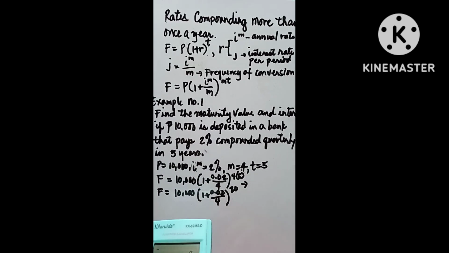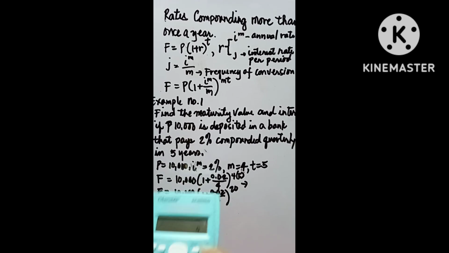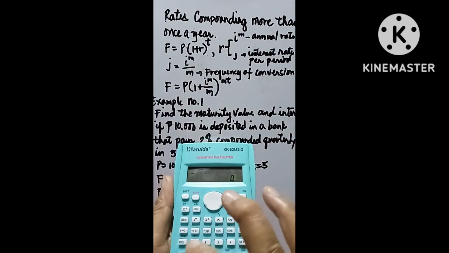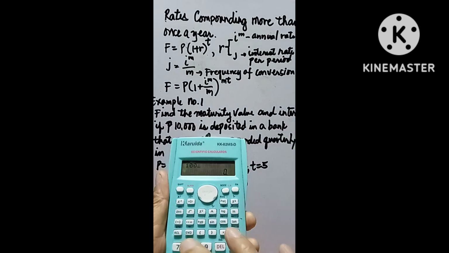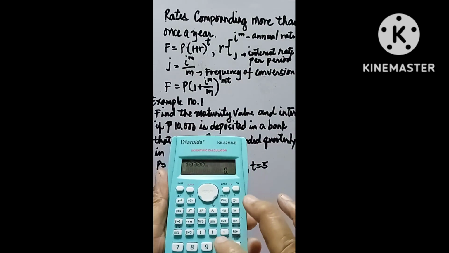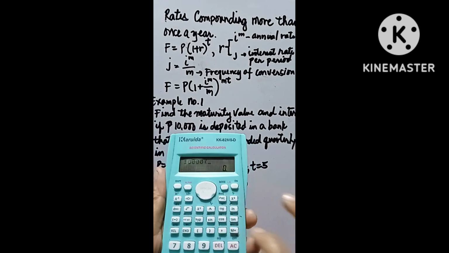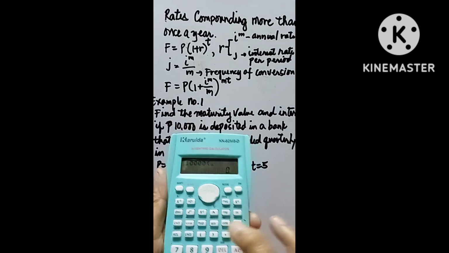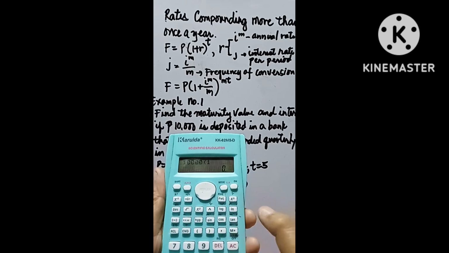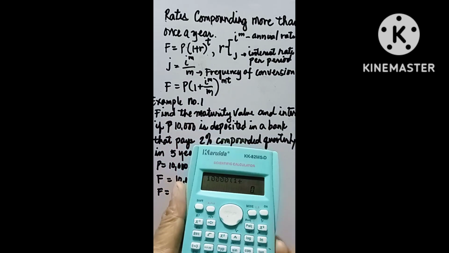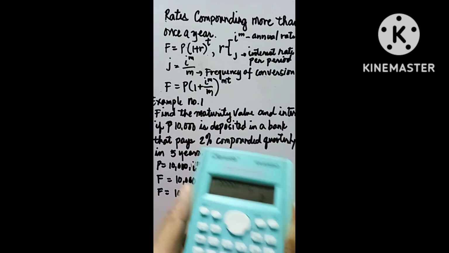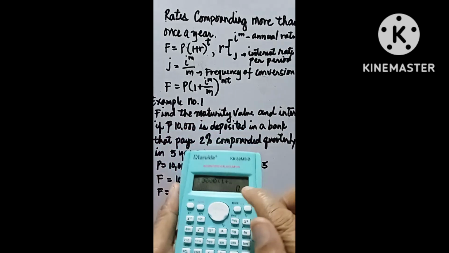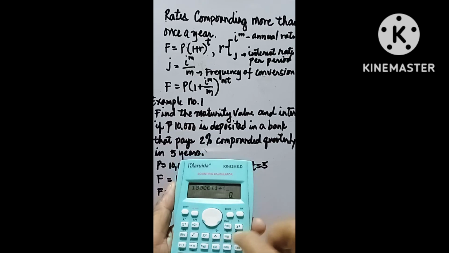So input 10,000, open parentheses, 1 plus, since it is 0.02 divided by 4, you have to enclose that in parentheses also.